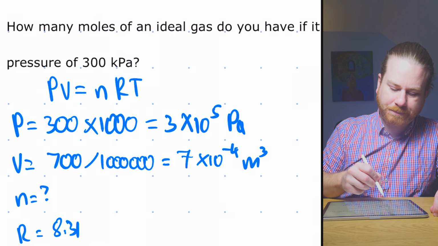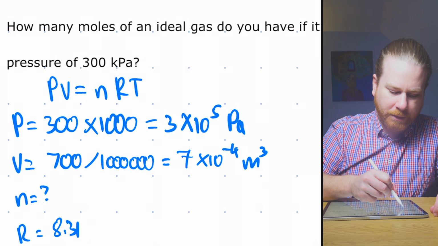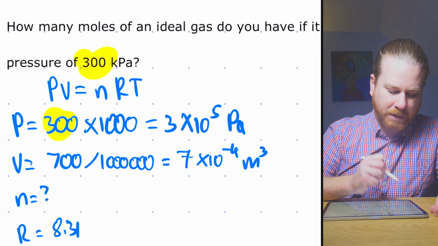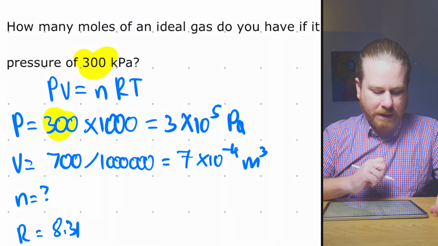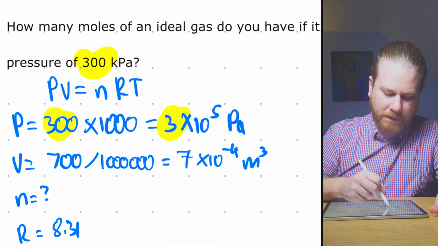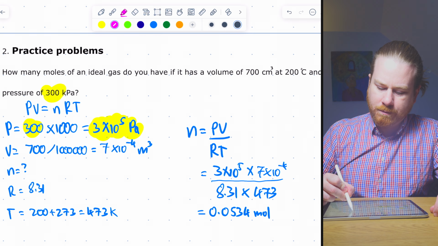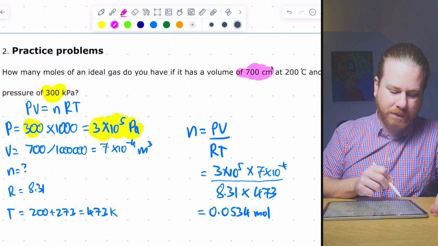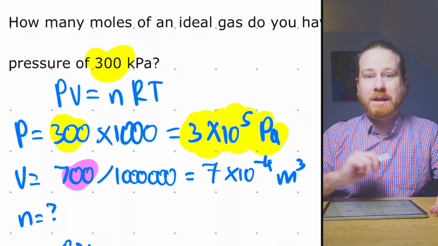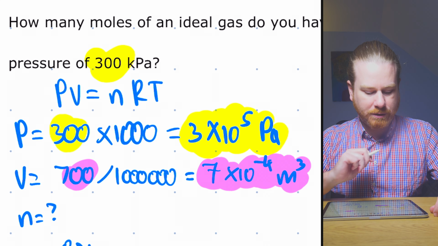So, pressure was at 300 kilopascals, so we've multiplied that by 1000 to get it into pascals. Volume is in centimeters cubed, so we're dividing by 1,000,000 to get our volume in meters cubed.